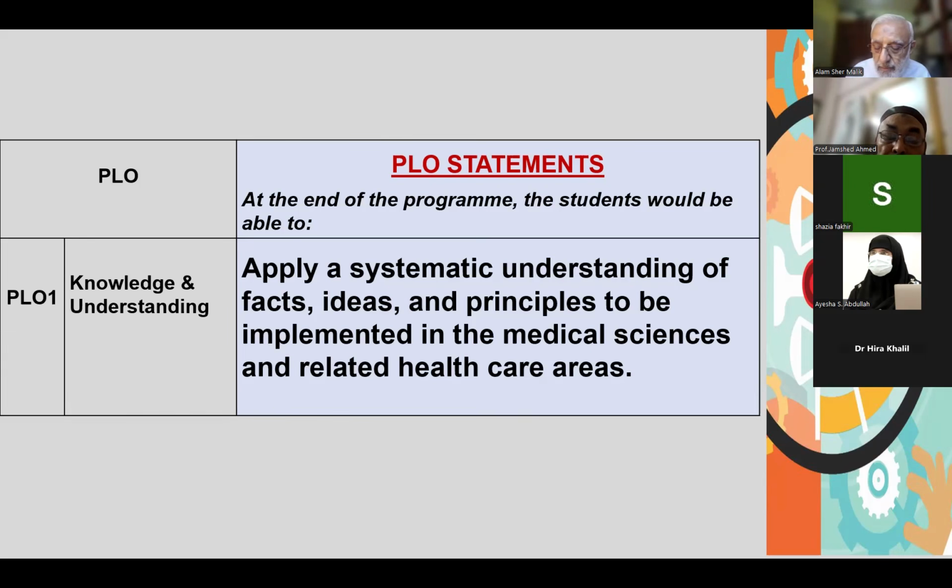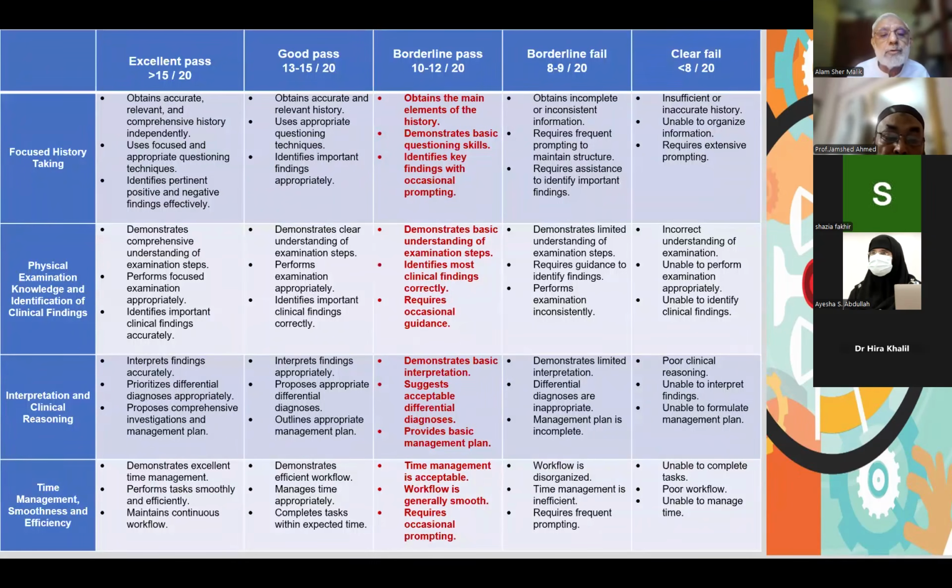If you go to the previous example I showed you, this is exactly what has been done. There is a criteria for a distinction student, and a criteria for a good pass. For example, it says obtains accurate, relevant, and comprehensive history independently. Then it says obtains accurate and relevant history.